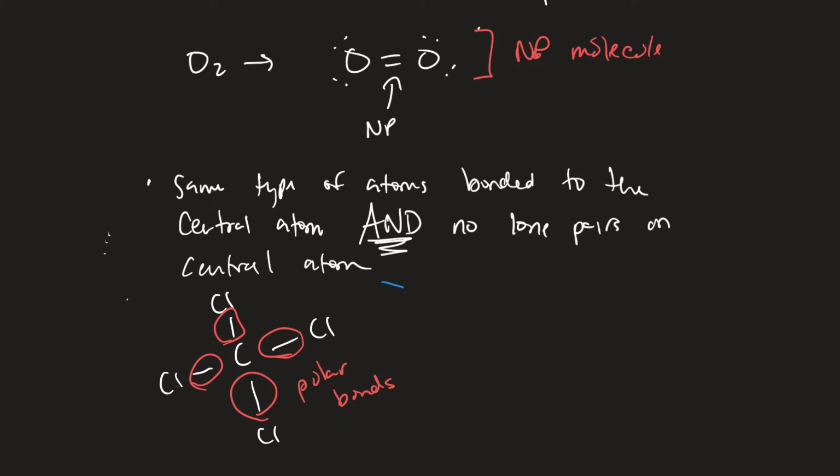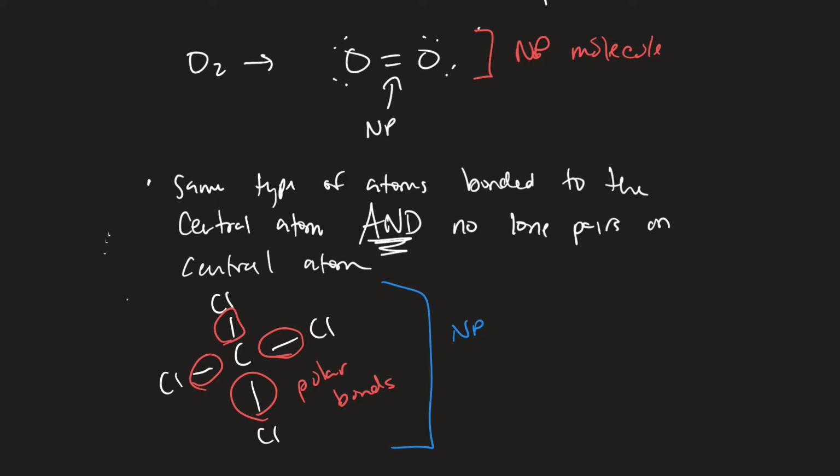But the overall polarity of this molecule is non-polar. Why is it non-polar? There is an equal distribution of electrons throughout the molecule, and that's really what determines whether a molecule is polar or not.